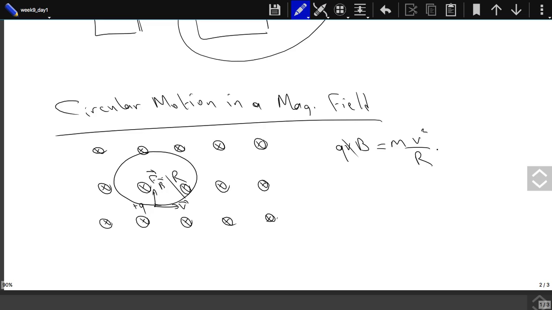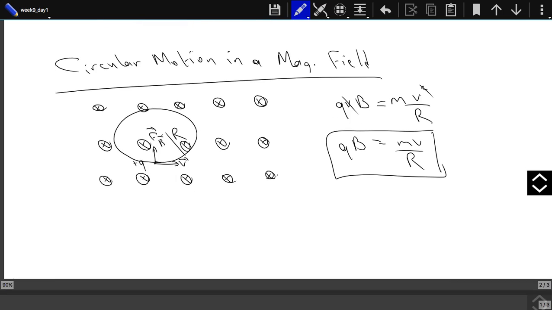Or canceling the v's, qB should be equal to mv over r. So if you know, let's say, the charge, the magnetic field, the radius, you can determine the velocity, the speed of the object. Or if you know the speed, the magnetic field, and the radius of the orbit, you can determine the ratio of the charge to the mass.